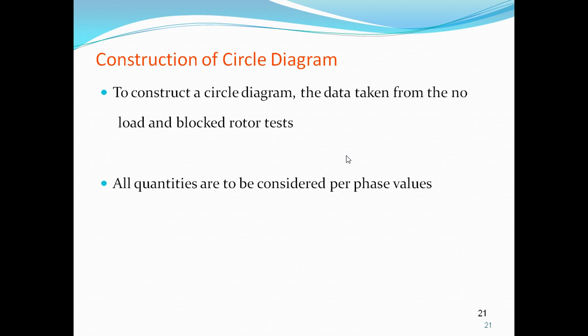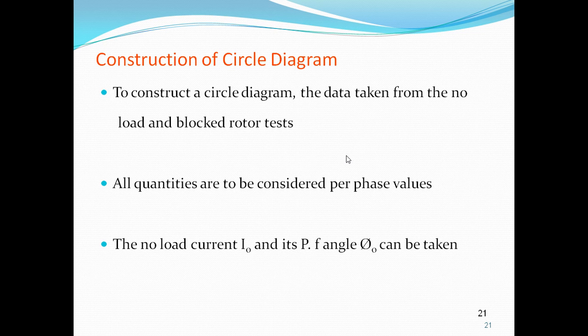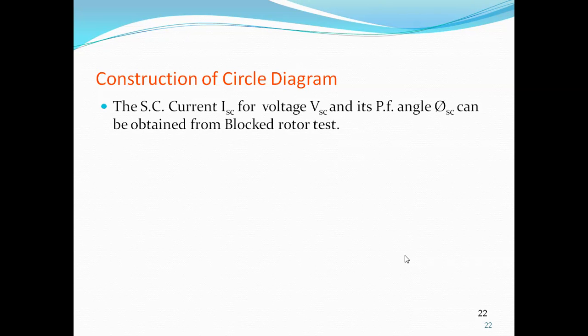So how can we draw it? All quantities are to be considered as per phase values. We have to convert all values of current, voltage and power to per phase values. From the no load test, we get I naught and phase angle phi naught.